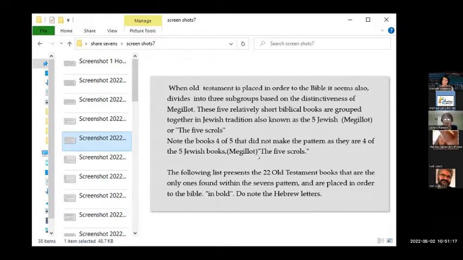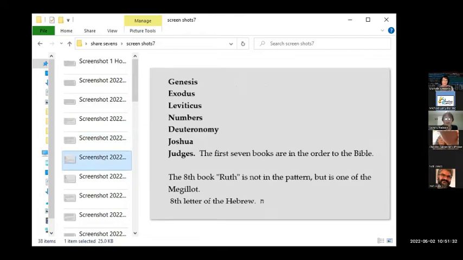Now, there's the 5 scrolls. This is what I wanted to show you in particular. The 5 scrolls in Jewish tradition, not to get them mixed up with the 5 books of Moses. Here, the first 7 books line up perfectly. The 8th book is not in the pattern.